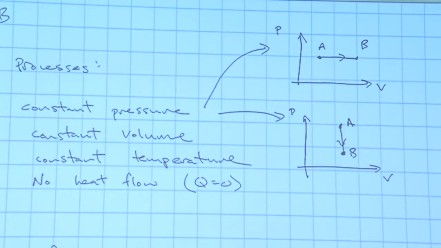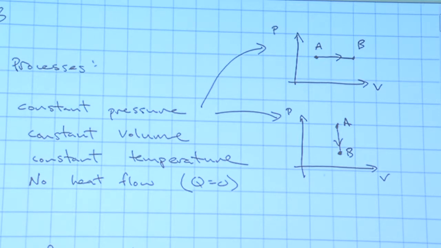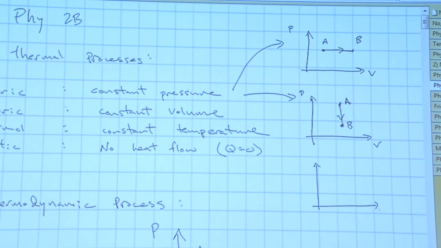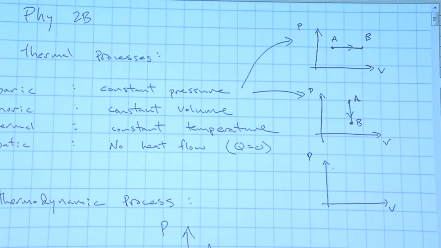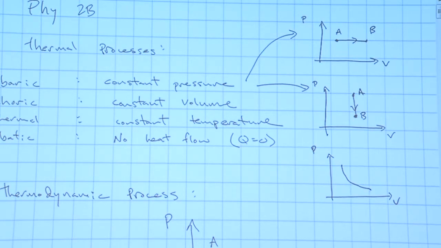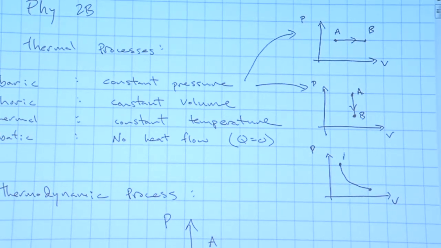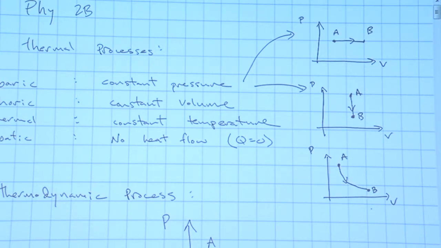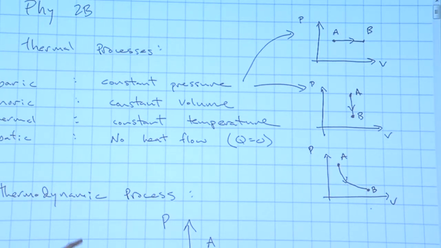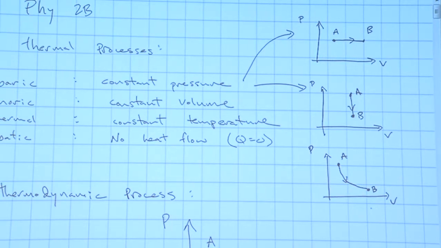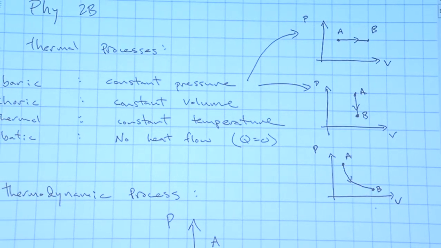Isothermal, that's not as intuitive what that looks like, but in order for the temperature to remain constant, it follows a path that looks something like this. The pressure and volume have to change in such a way for the temperature to remain constant that you get a curve that looks similar to this one. And the adiabatic process, you also get a curve.